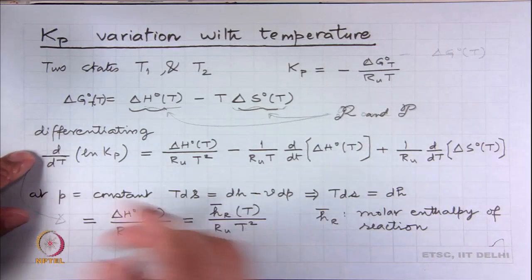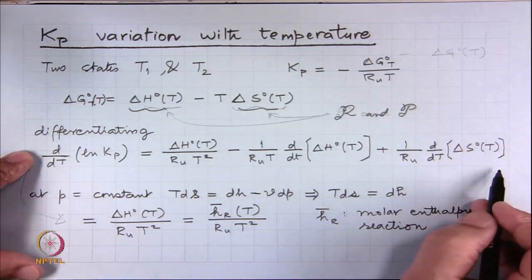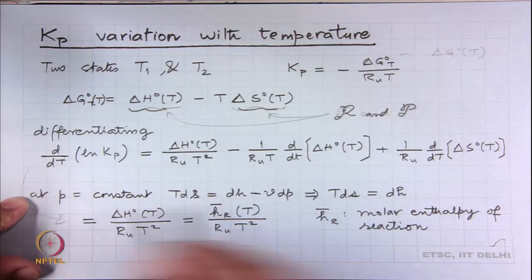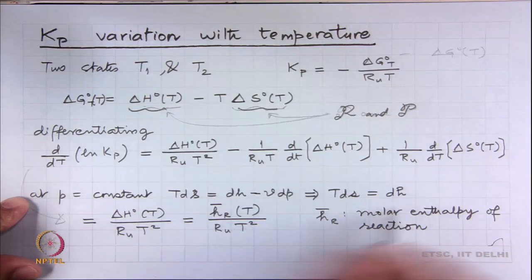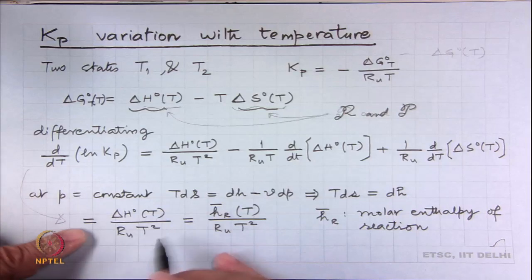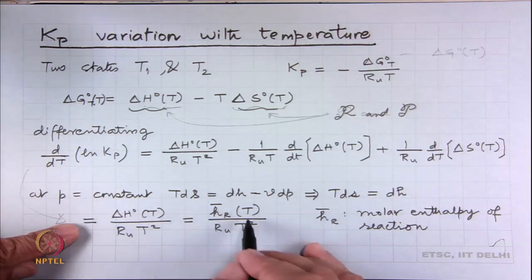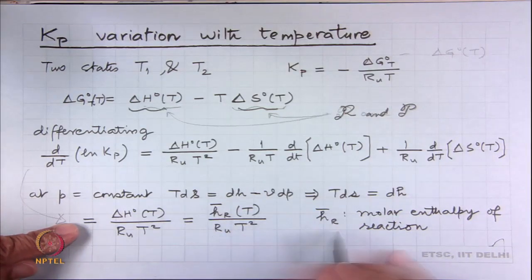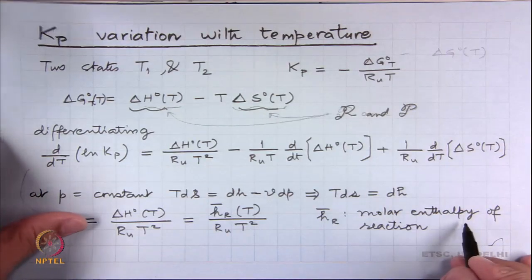Differentiating, we get this expression, and at constant P, where Tds is equal to dh, this expression becomes Hr bar times dT over Ru T square. Hr is the molar enthalpy of reaction.